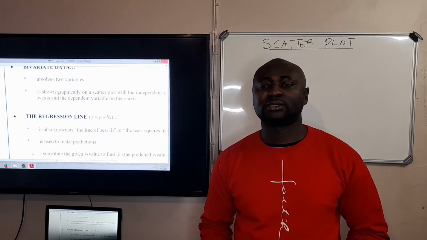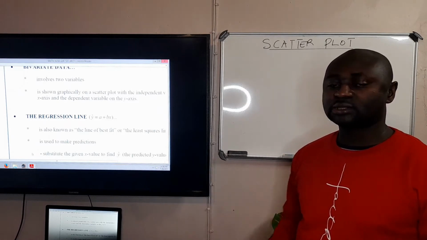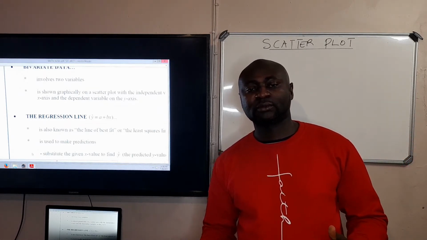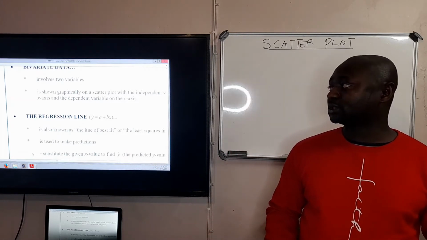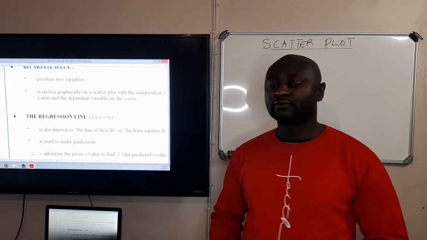We are going to take a few minutes, and you must just watch and observe the lesson and go through it. Now, when we say bivariate data, it simply talks about data that consists of two variables.